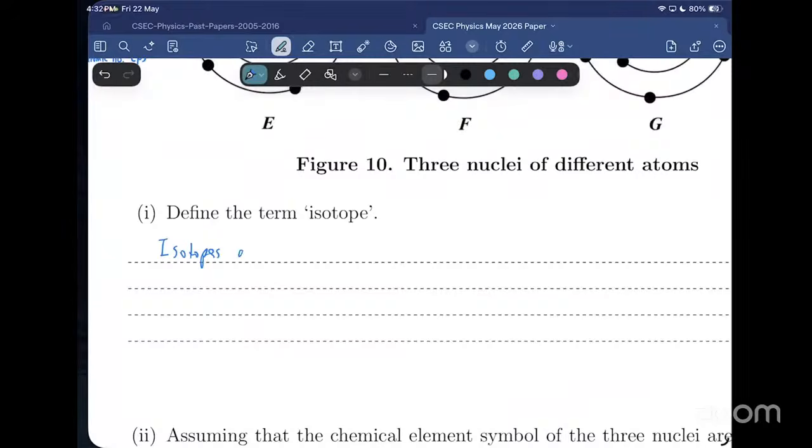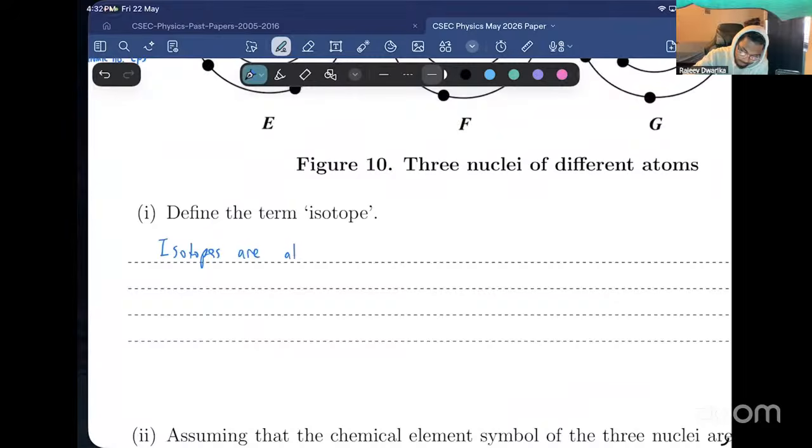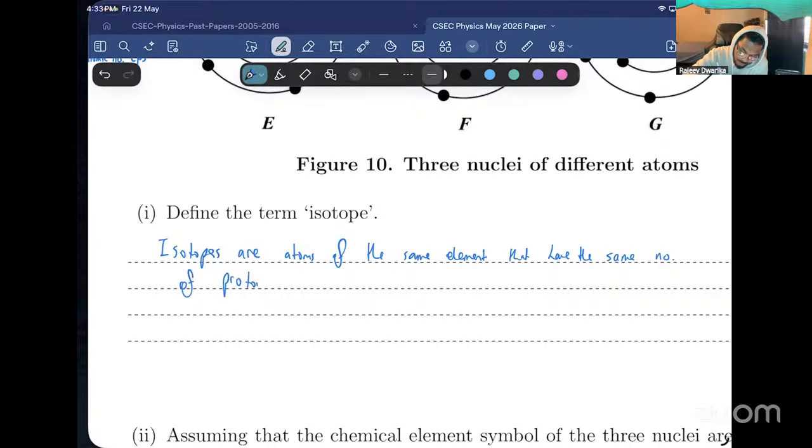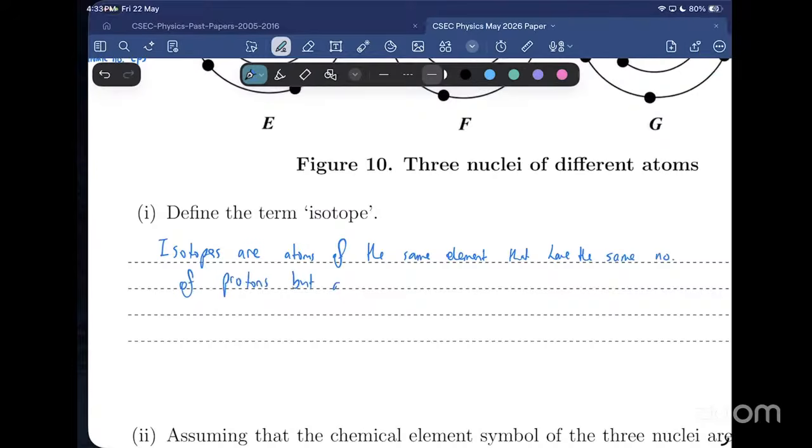Isotopes are atoms of the same element that have the same number of what? Starts with P. Protons. But a different number of neutrons.